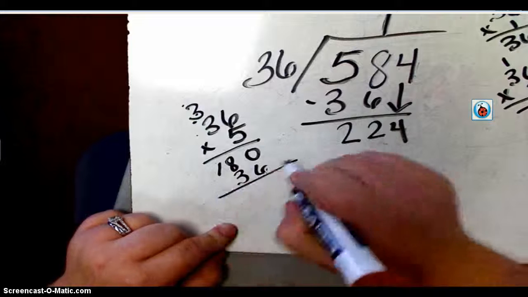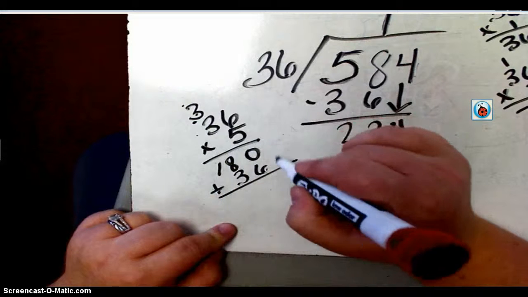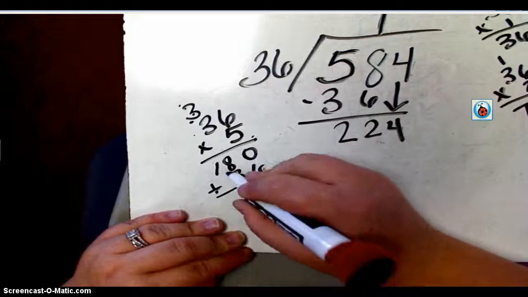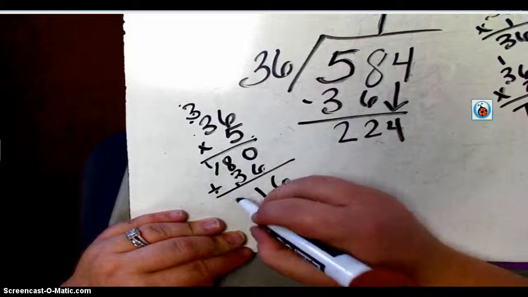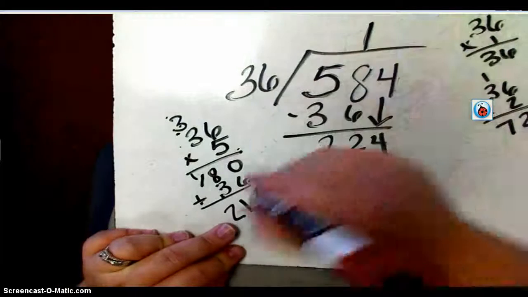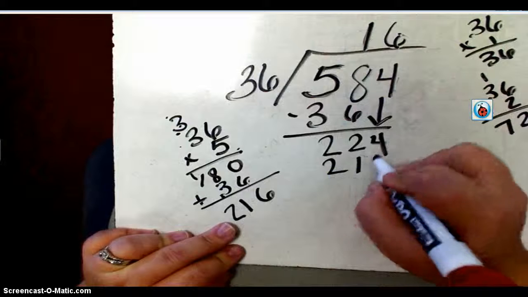So you could add 36, just keeping in mind that really that would be the same as multiplying 36 times 6. Okay? And that gives me 216. So, it goes in there 6 times. 6 times 36 is 216.